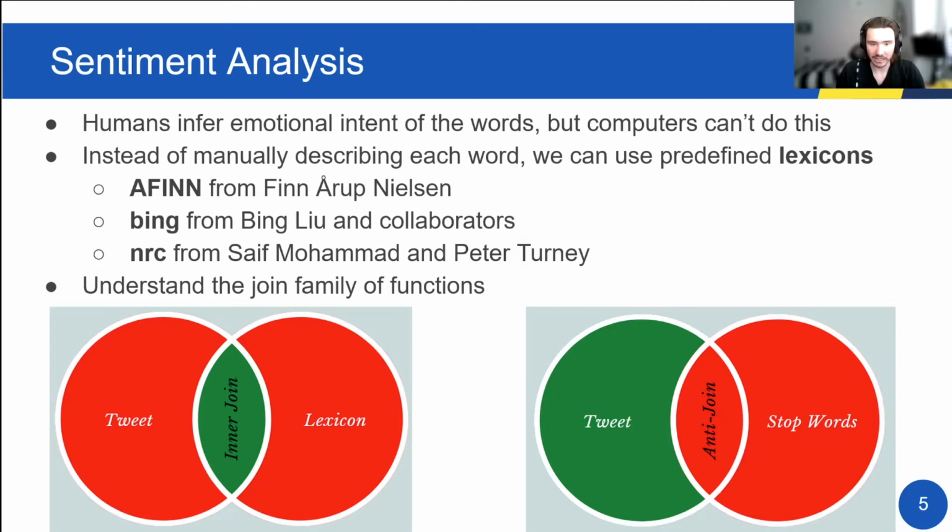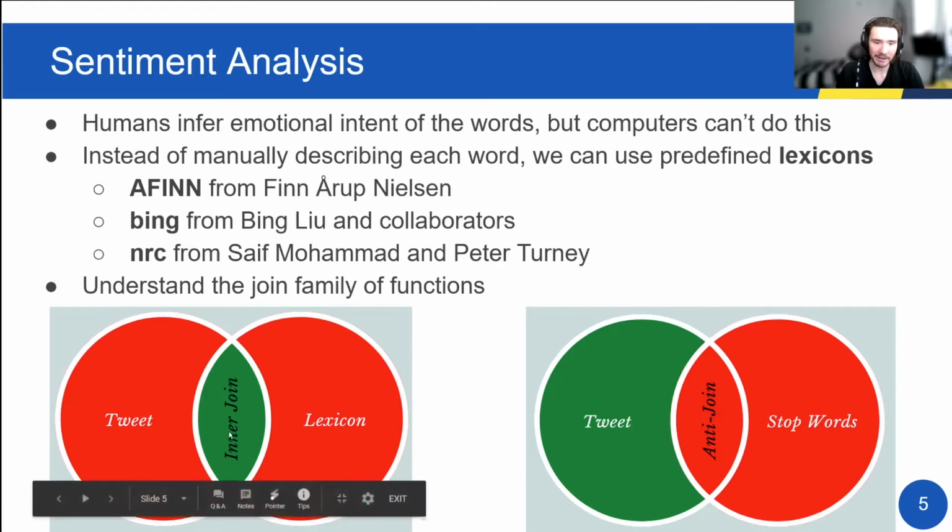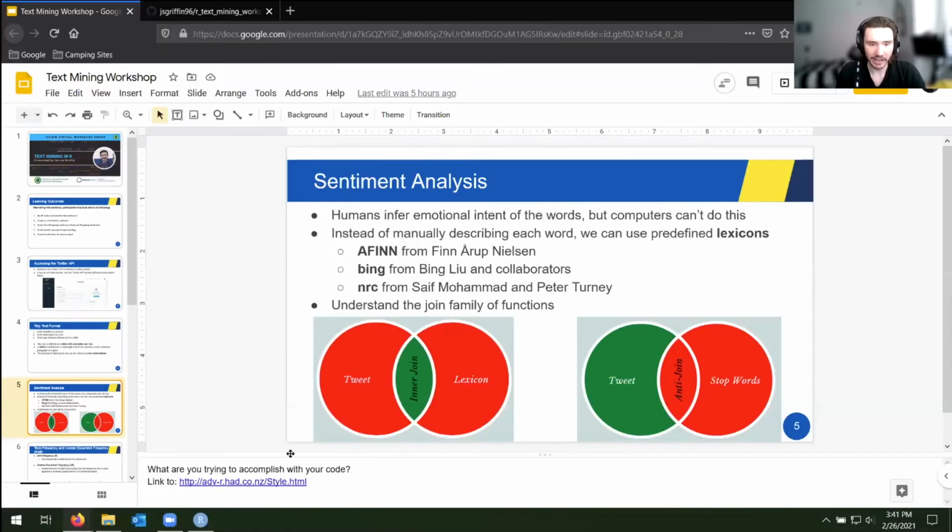My name, for instance, probably isn't in any of these lexicons because there's no real sentiment or emotion behind my name that researchers would have recorded. So we can look at all of our tweet words, then look at all of the words that are in the lexicon, and just see where they overlap and keep those words. So in the lower left-hand corner, we'll just be keeping where they overlap. We can take a look at that really quick.